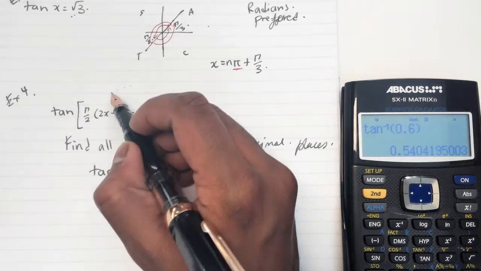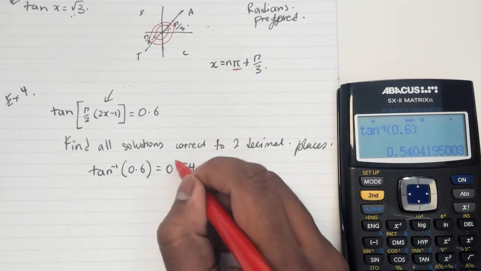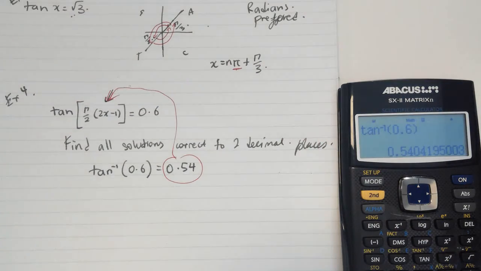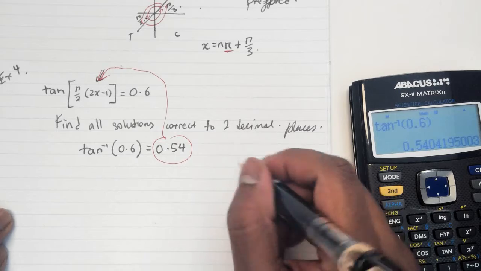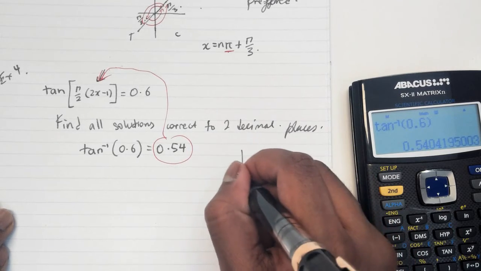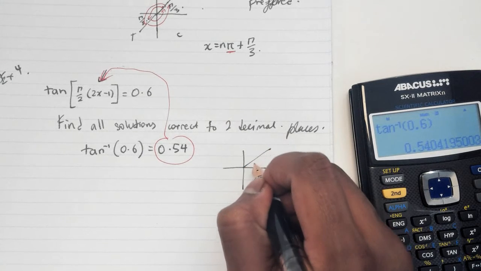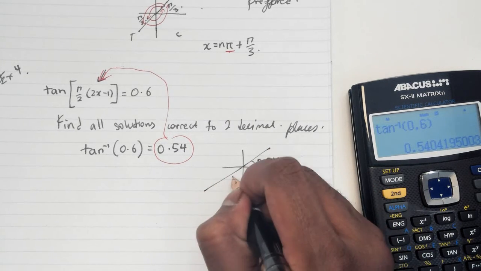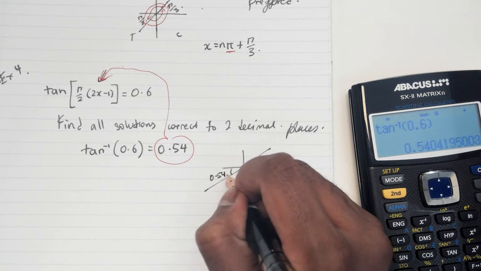So I know that this guy is that. I know that this guy is that. So tan, the angle should be 0.54 radians. So roughly there, say 0.54, and then we go that one as well, 0.54.